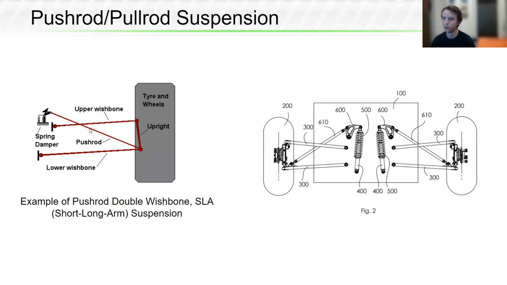We have a push rod, which connects to the lower control arm. And as the tire moves up, the push rod reacts the force and pushes back down to keep tire contact with the road. And inversely in the front, as the tire moves up, the pull rod, which is attached to the upper control arm, pulls down to keep the tire in contact with the ground.